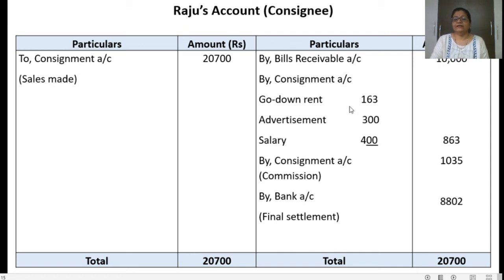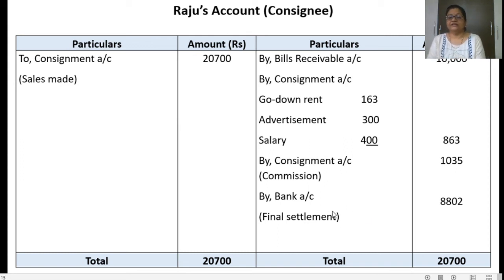Then consignment account for all expenses, that is 863 as we have done in the earlier account. Then consignment account for the commission, 1,035. Then you take the total of 20,700, deduct all these items, then the settlement amount is 8,802. So it is by bank account.